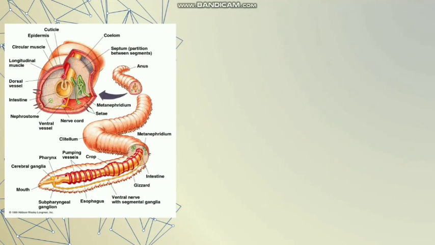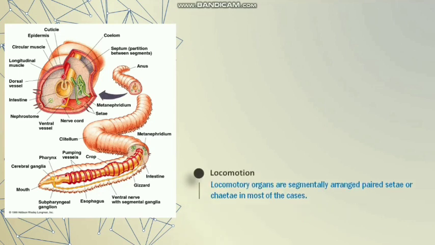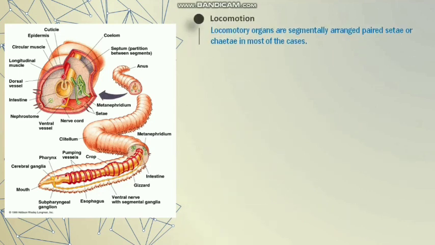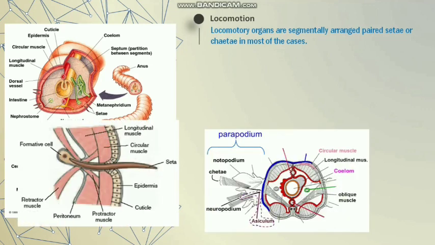In this slide, let us see the different systems present in Annelida. So let us see the locomotory system. The locomotory system is formed of segmentally arranged paired setae or chaetae in most of the cases. You can see here, this is the case of the earthworm, where the setae are present.